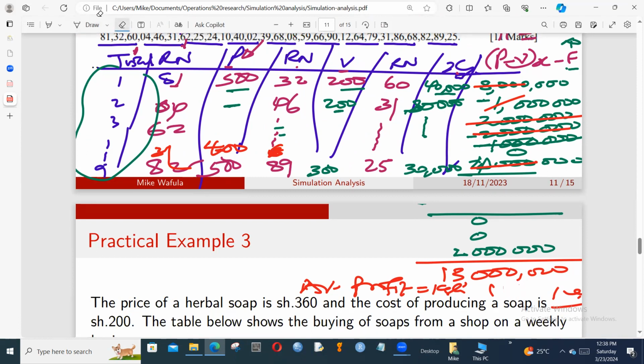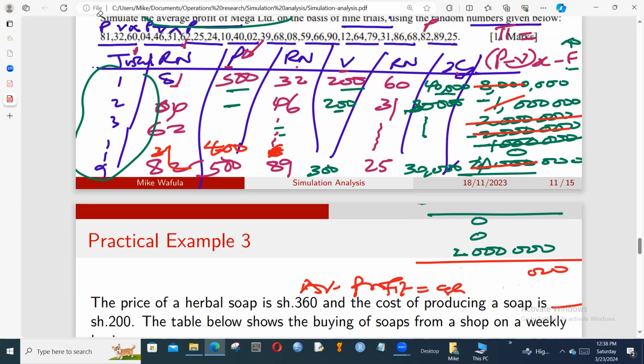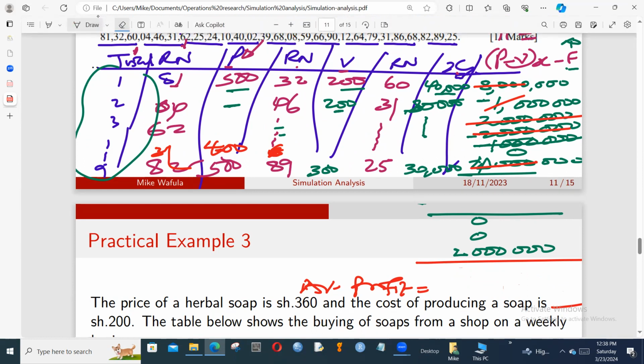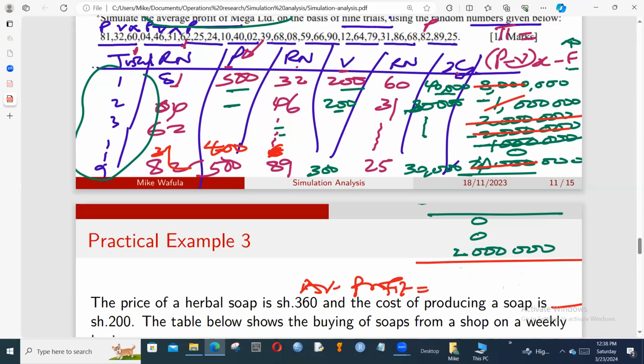Thank you for that. So what do I write as a total profit now? Or the average profit? In fact, just give me the average profit now. So you realize that if you make an error when you are creating those random numbers, then you'll definitely affect our profit outcome.